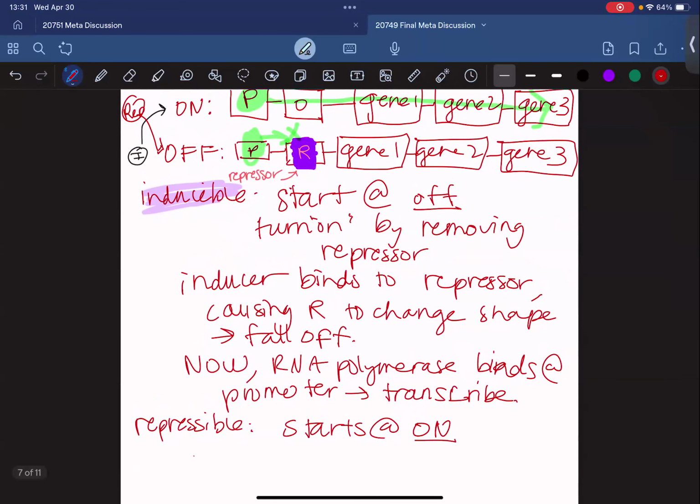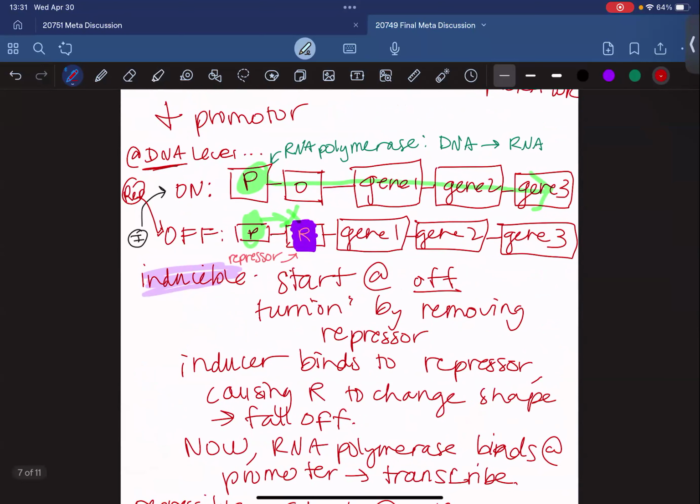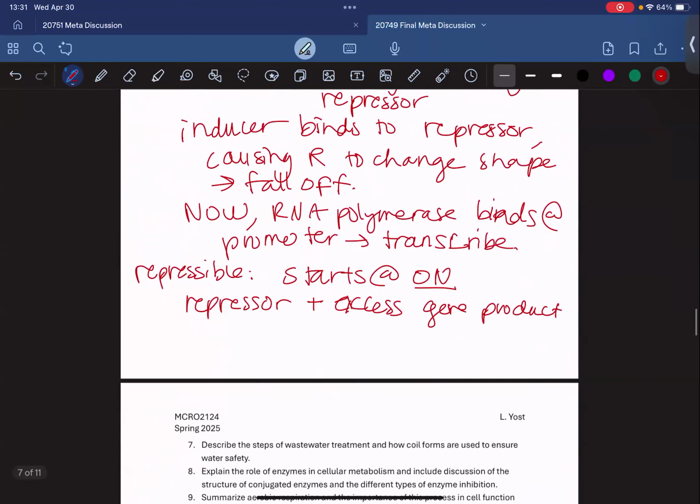When the repressor adds to excess product, if the body isn't using up whatever is made downstream from our RNA polymerase, it'll build up and then bind with that repressor.